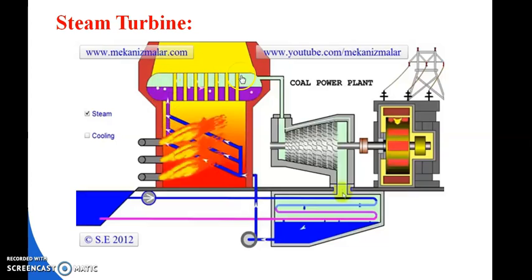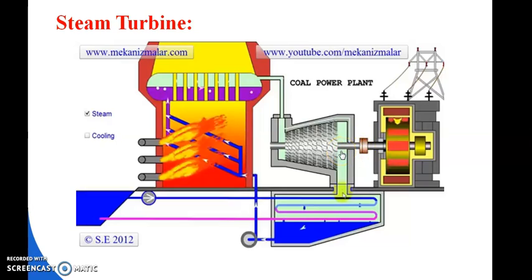So the steam will produce here and that high pressure steam will go to the turbine in this direction. In this way, the steam enters the turbine and it strikes the turbine blade and it will do some work so that the turbine shaft will rotate.